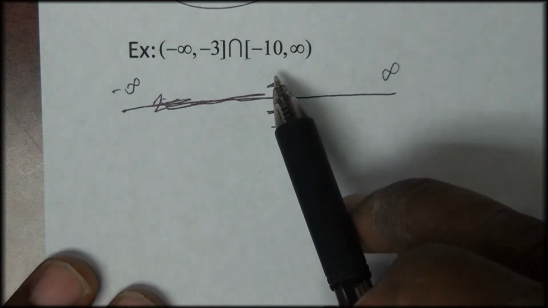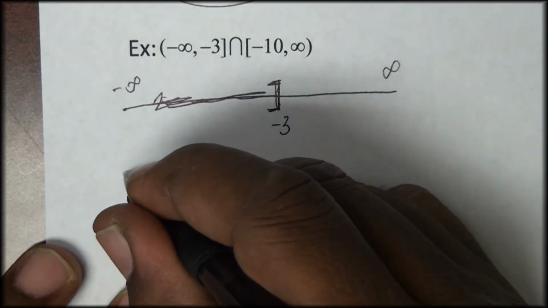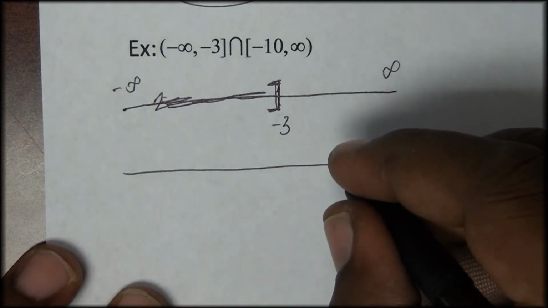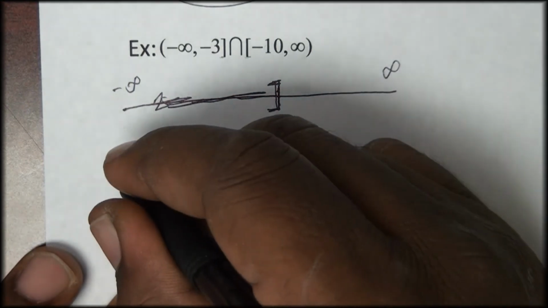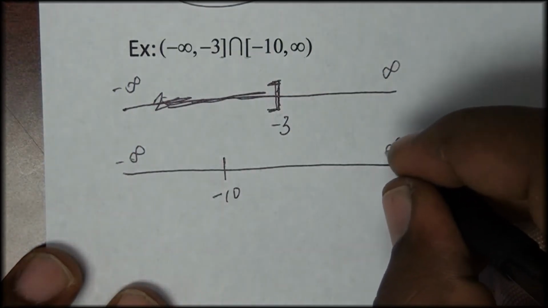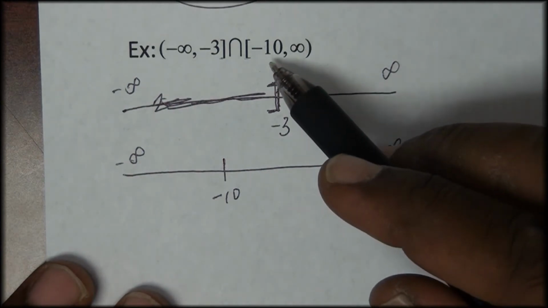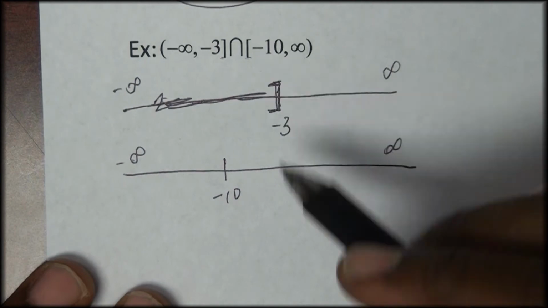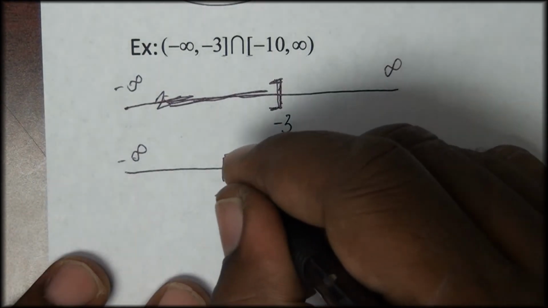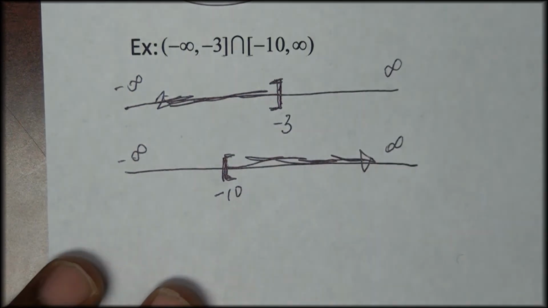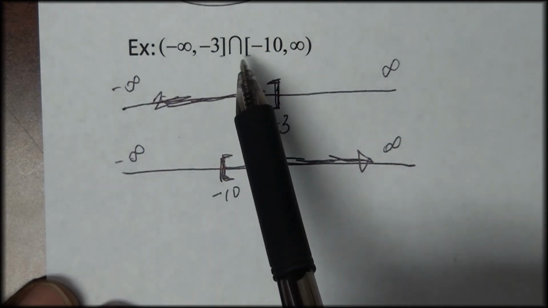For our second inequality, the half open interval from -10 to +infinity, we'll center our graph at about -10. -infinity to the left, +infinity to the right. At -10, our symbol is a bracket that faces the right. Our line extends toward the right. We're asked to find the intersection.